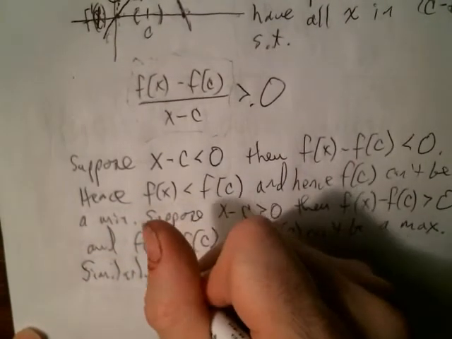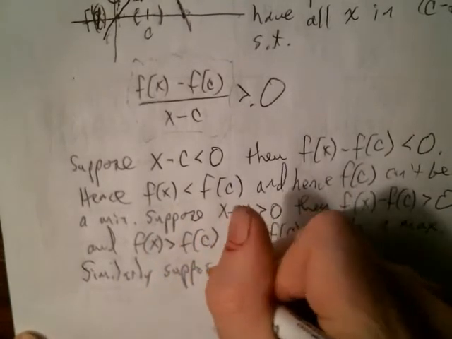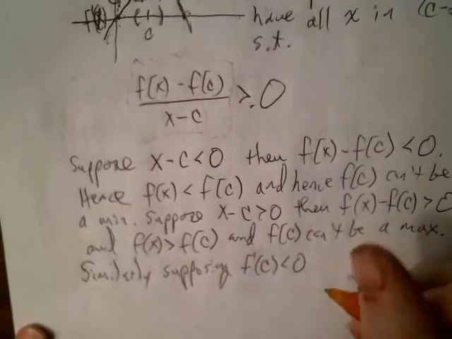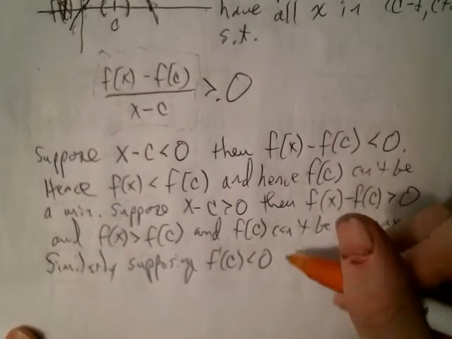Similarly, supposing f prime of c is less than 0, we have another contradiction in the same sort of flavor.